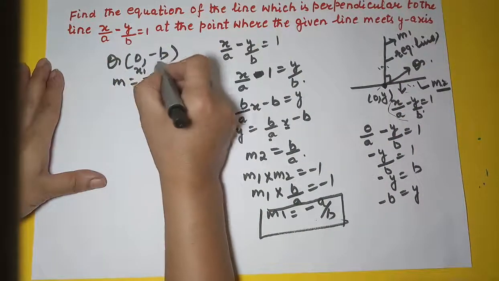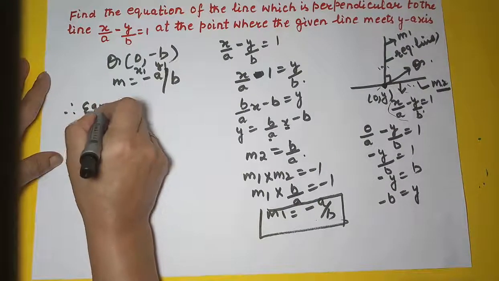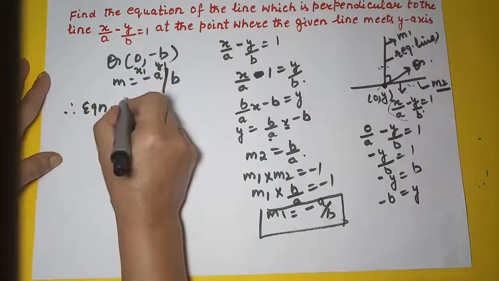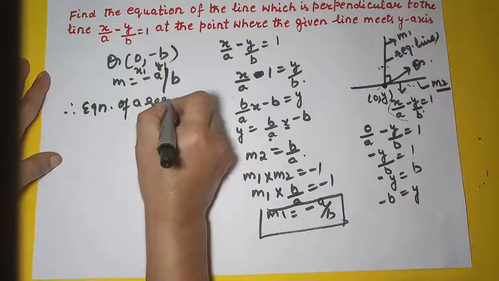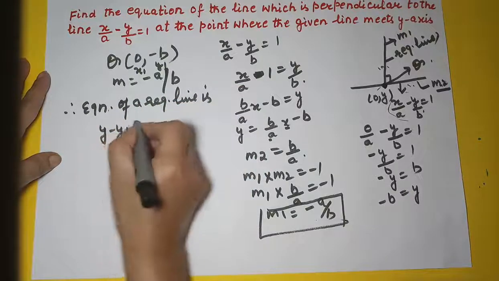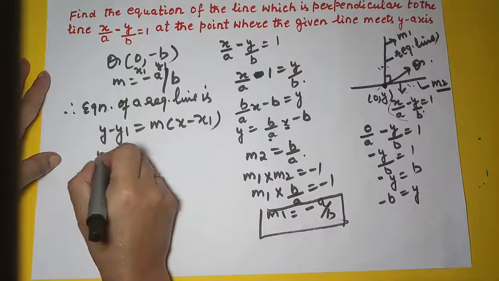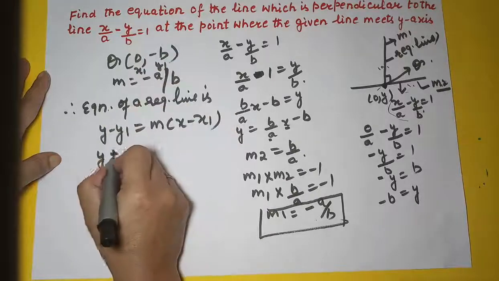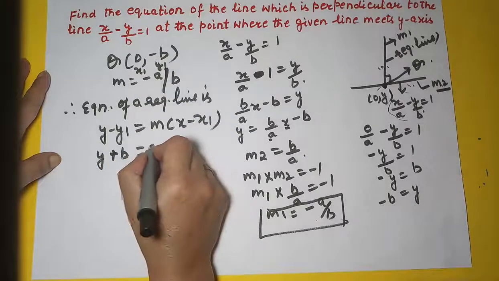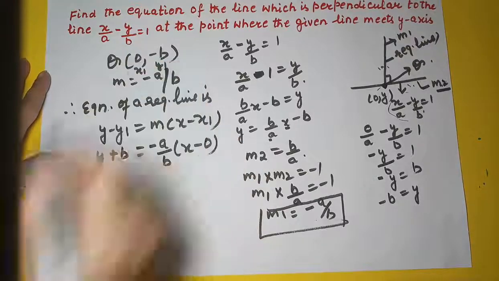So let this be x1 and this be y1. Therefore, you can find the equation of the required line as y minus y1 equal to m times x minus x1. So y minus y1 is, this will become plus b. m is your minus a upon b into x minus x1, which is 0.